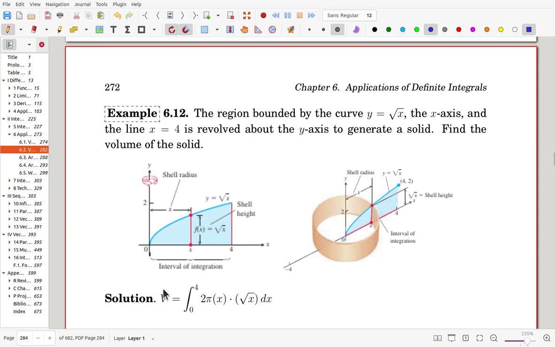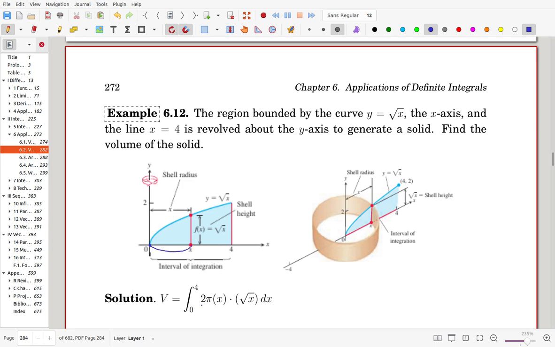Now we have to get the thin shell area. Now x is moving from 0 to 4, so the integral is in the x direction from 0 to 4. Because it's a center, once you choose any point x between 0 and 4, then that will be r.